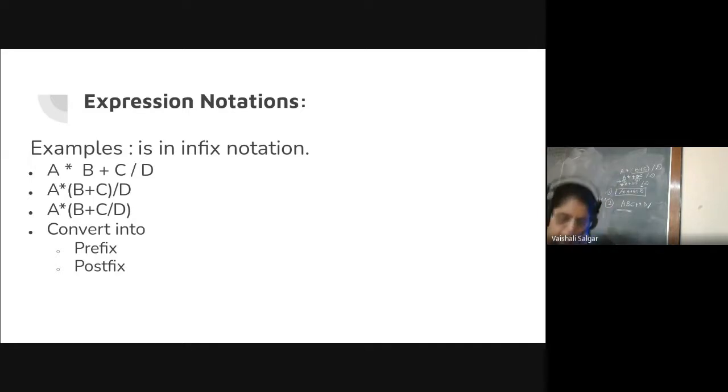Is there anyone whose answer is not matching, or anyone getting a different solution? Now, what about the next one then? A into B plus C divided by D into whole bracket.